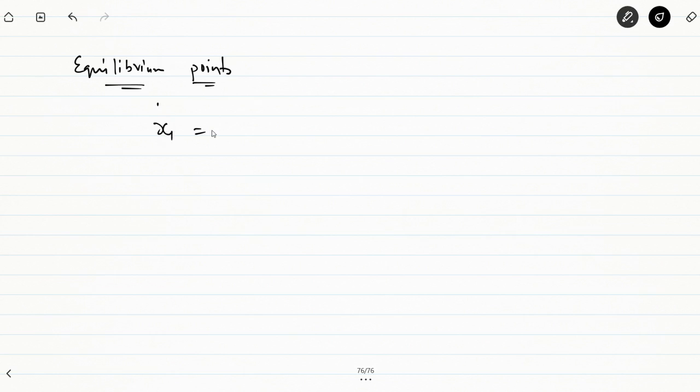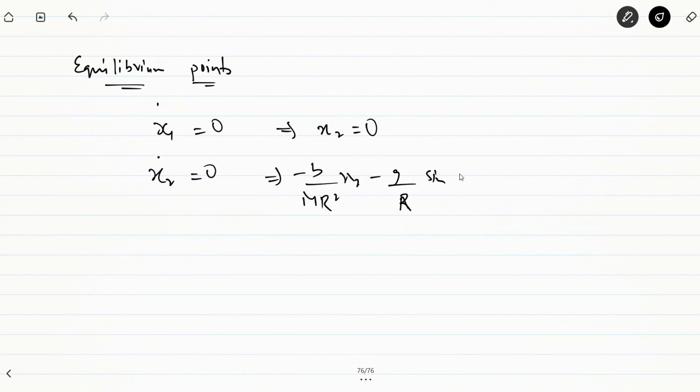That means x1 dot is equal to 0, which implies for this case x2 will be 0, and x2 dot is equal to 0, which implies minus b by m r square x2 minus g by r sine of x1 is equal to 0. x2 is already 0, that means minus g by r sine x1 equal to 0, which implies sine of x1 equal to 0.